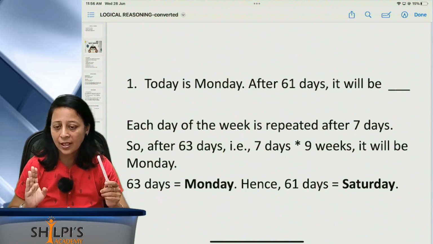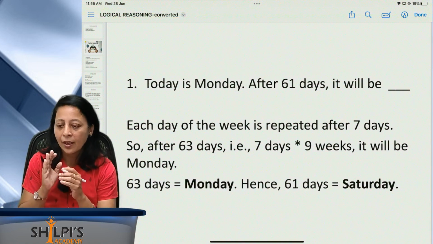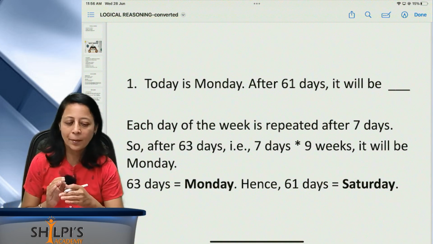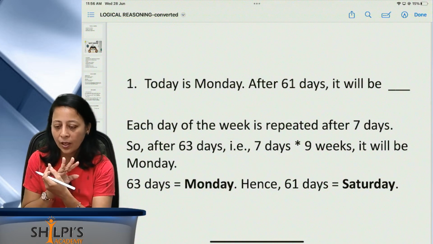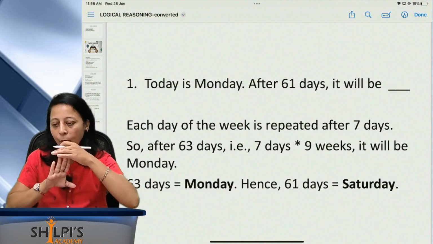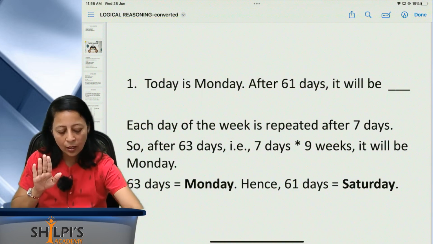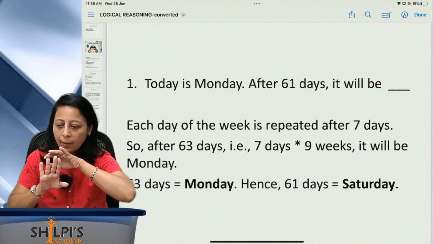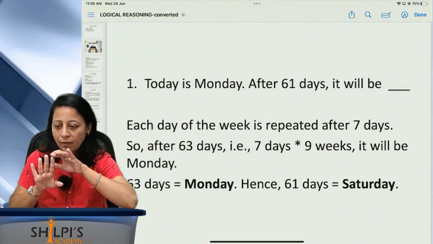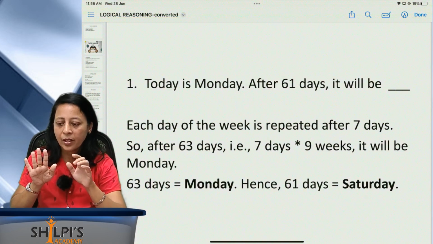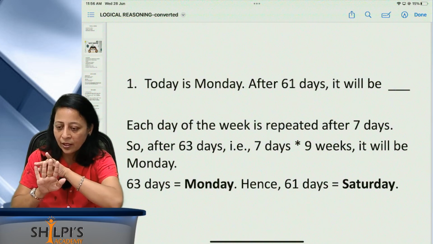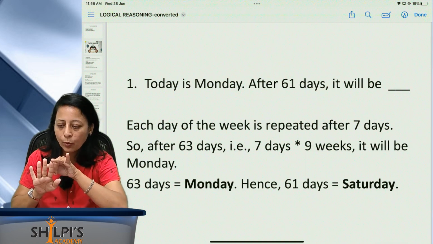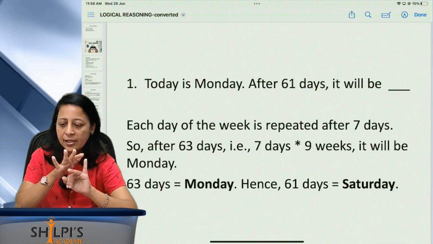So if today is Monday, just see your normal calendar. Suppose your week 1 is starting on a Sunday: Sunday, Monday, Tuesday, Wednesday, Thursday, Friday, Saturday. So it will be 1, 2, 3, 4, 5, 6 and 7.